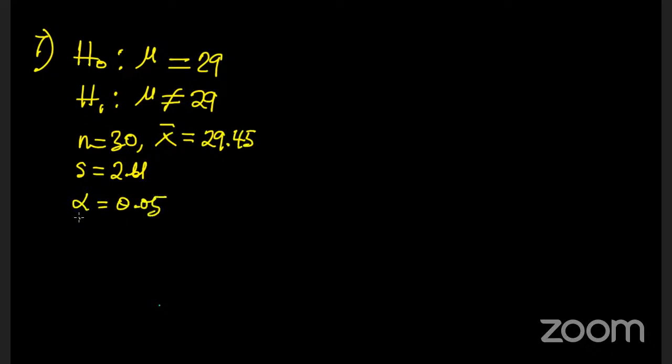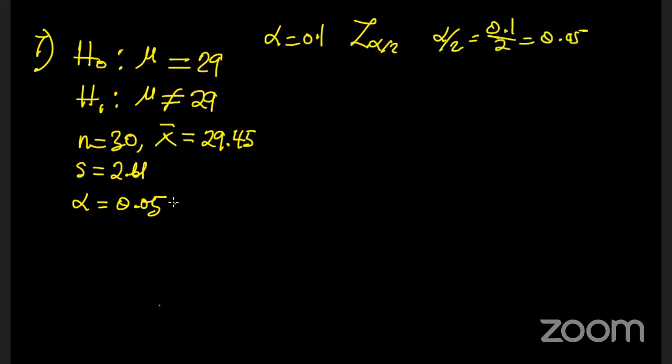Remember, we're given alpha in the question as 0.1, but we rather need alpha over 2, which is 0.1 divided by 2, and that is 0.05. So that's why we're using 0.05. Right. So the critical value is equal to plus or minus 1.96.